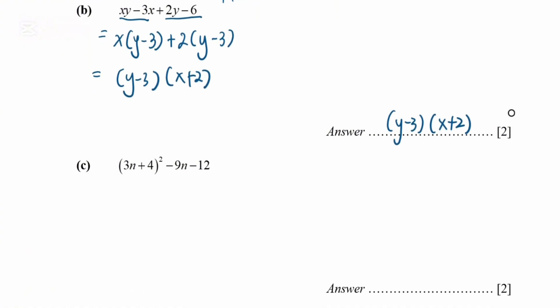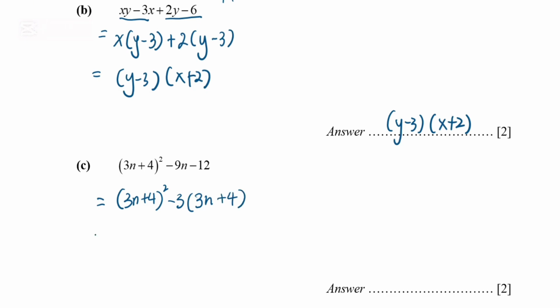Okay, lastly, in this case, there's one itchy feeling that you get where you feel like you should expand the 3n plus 4 squared to combine it with the 9n and 12. But if you are a bit faster and you can tell that negative 9n and negative 12 have a common factor of negative 3, and you factorize that out, then you will get negative 3 taken out, leaving positive 3n plus 4.